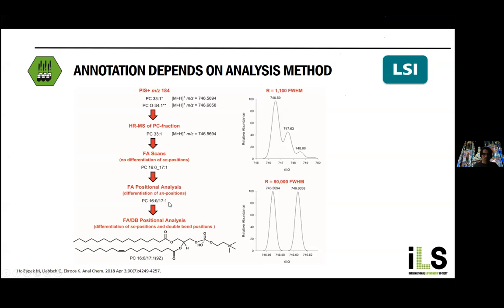And positional analysis, it's quite complicated. I will discuss a bit during quantification tomorrow. And this type of really chemical resolved information usually is not reachable with the mass spec approaches we use today typically.